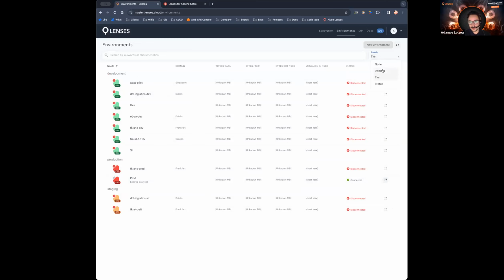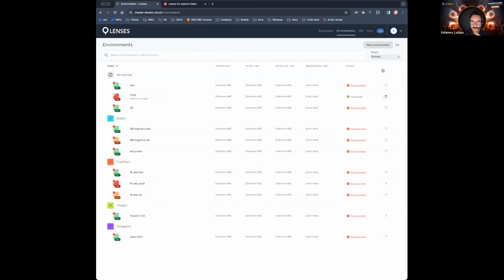But we're also introducing the concept of a domain, which is, as we spoke, a data mesh concept from domain-driven design. In this particular case, we've decided to name our domains by regions. You can see how certain Kafka environments are in Dublin, others in Frankfurt or Oregon.